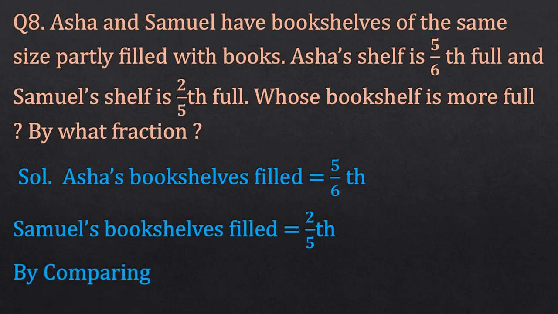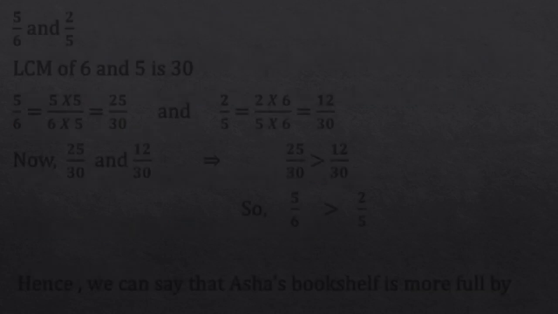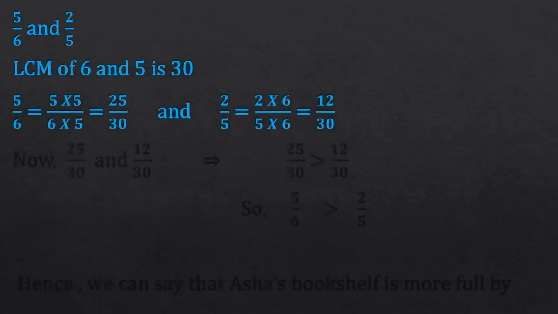I have told you, whenever we have to find out who has more, who has less, who takes less time, for that we have to do comparison. Now see how we will do the comparison. We have two fractions, Asha's 5 by 6 and Samuel's 2 by 5. Now see, denominators are different, so they are unlike fractions. We will convert them into equivalent like fractions, but separately, as we have to compare here.